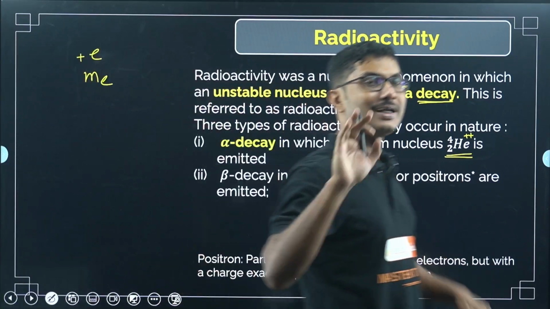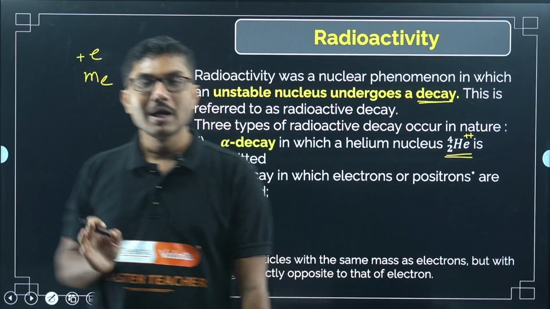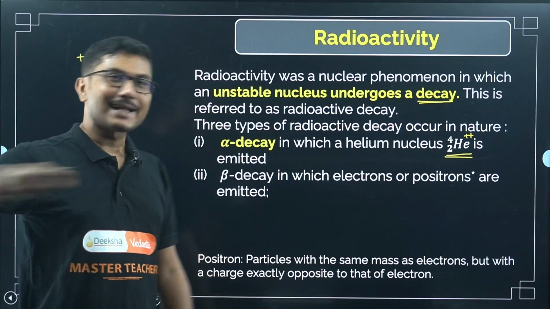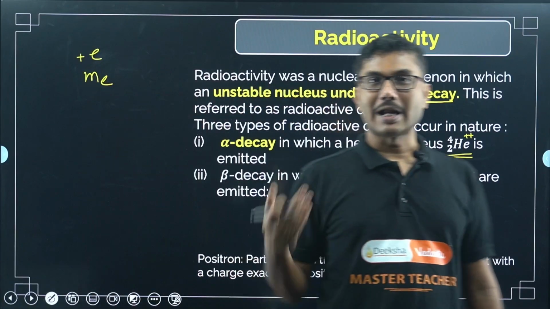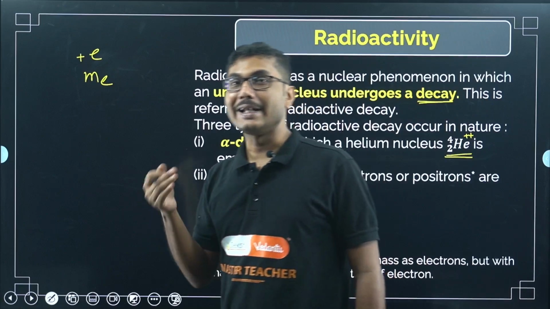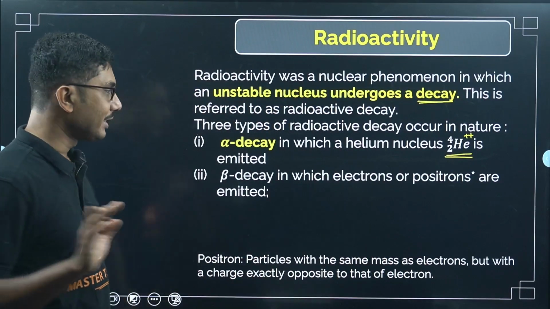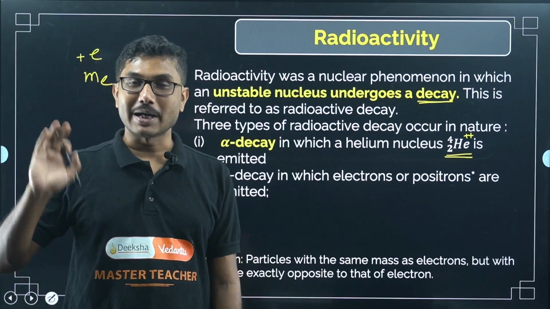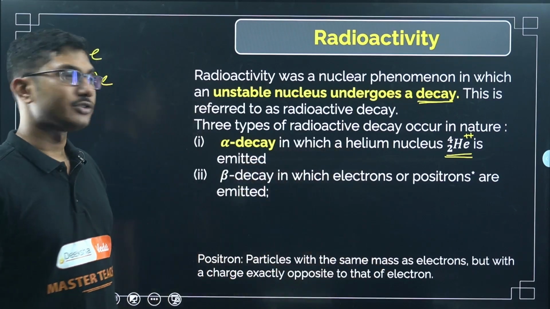It has a charge similar to a proton, but the mass is that of an electron. That is called a positron. It is the anti-particle of the electron, sometimes called the anti-electron, but they are being called positrons.